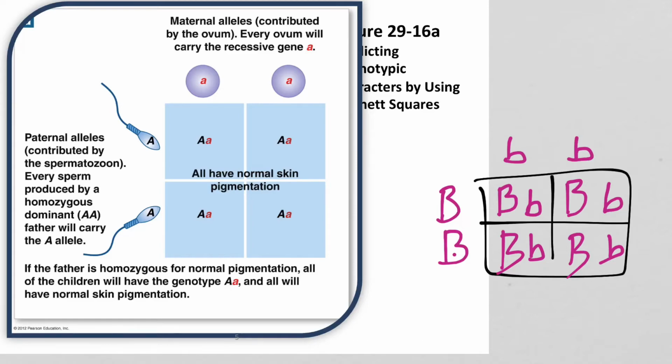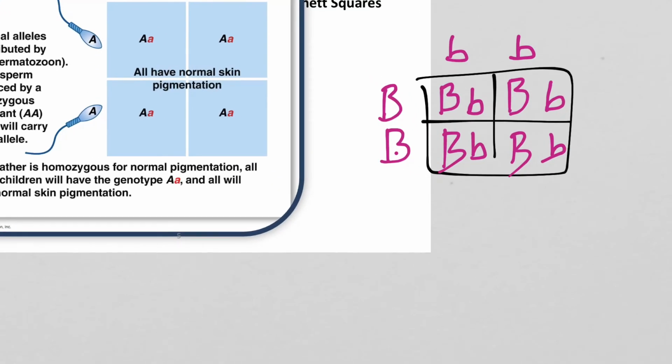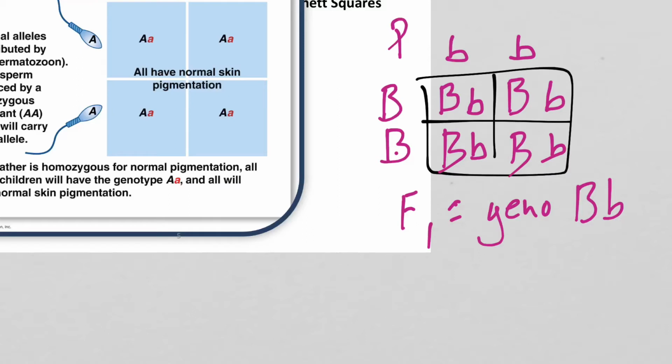So the genotype of the children here, so this is the P generation, and now we're at the F1 generation, is big B, little b, and the phenotype is brown eyes, because brown is strictly dominant over blue. The genes are the big B, little b.